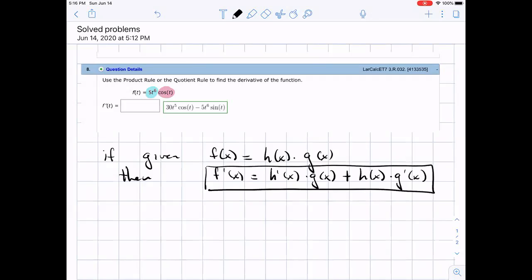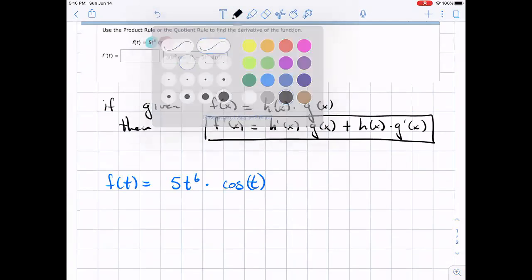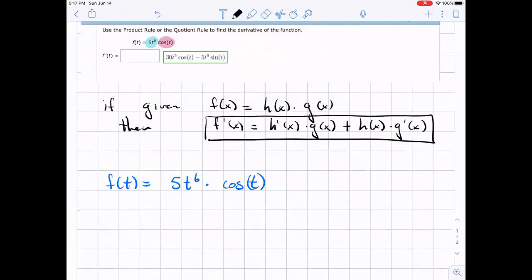It's the product rule. So in your example, what's given to you, f of t is equal to 5t to the 6 times cosine of t. To clarify this, I'm going to call this function h of x, and I'm going to call this function g of x.